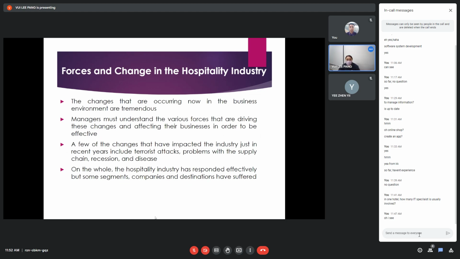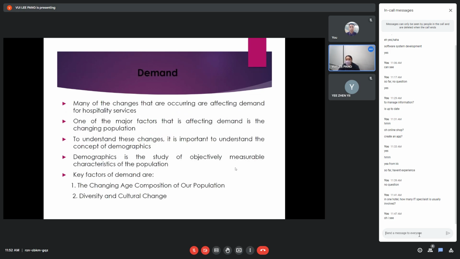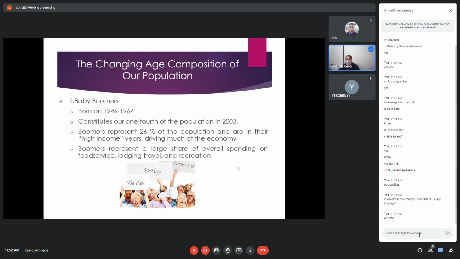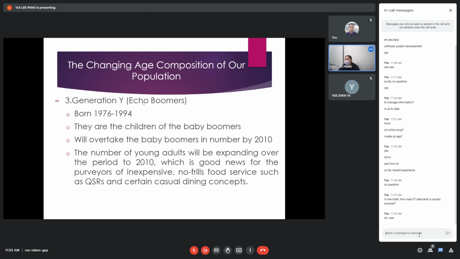We all know that travel agents, tour guides, the hotel industry, and airlines are the most affected, because of demand, supply, and competition. Because of the baby boomers, because of the changes, their spending on food service, lodging, travel, and recreation is different. And then for Generation X, Generation Y, those called millennials, they are the children of the baby boomers.